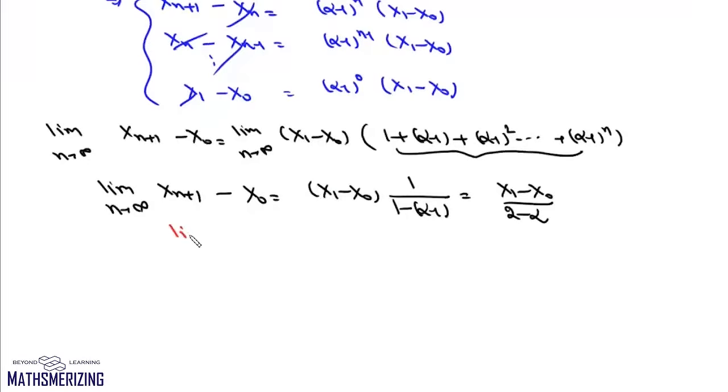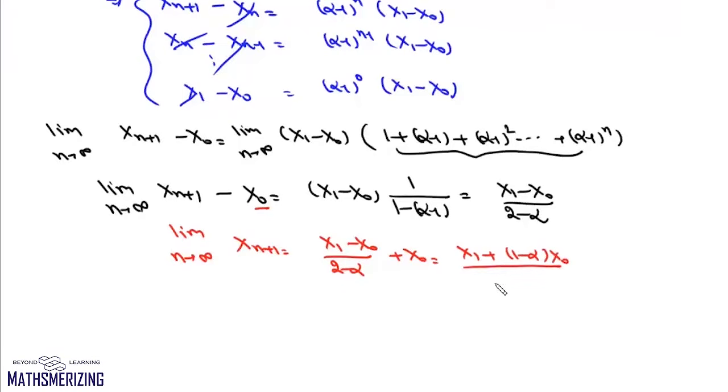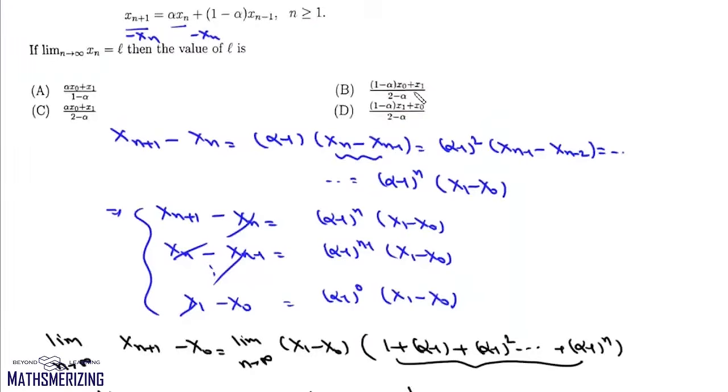We can write this limit as n tends to infinity of x(n+1) as (x1 minus x0) upon (2 minus alpha) and then plus x0. So it will be [x1 plus (1 minus alpha) x0] upon (2 minus alpha), and that's your option B.